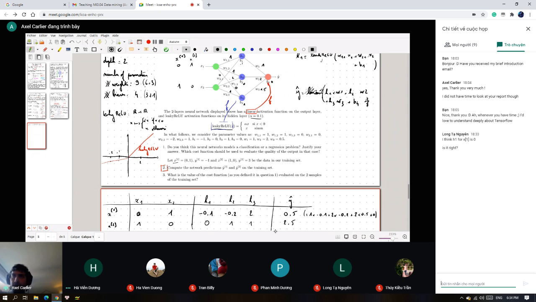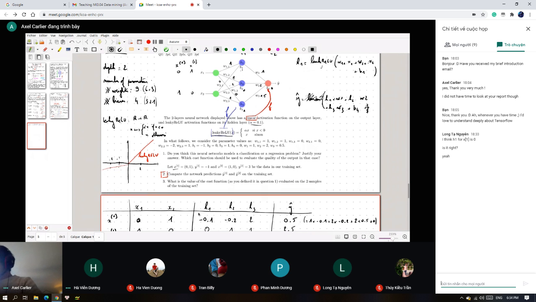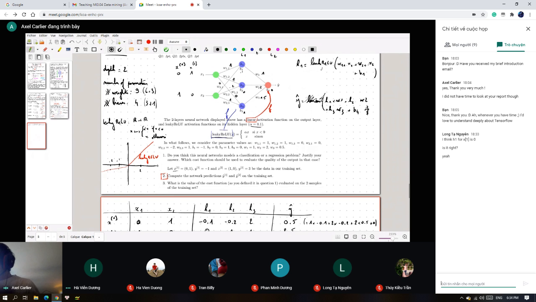Sorry, I have a comment. I think h1 for x1 is 0. You say this should be 0? Okay, let's compute again. Maybe I made a mistake. So h1 should be equal to this multiplied by this.